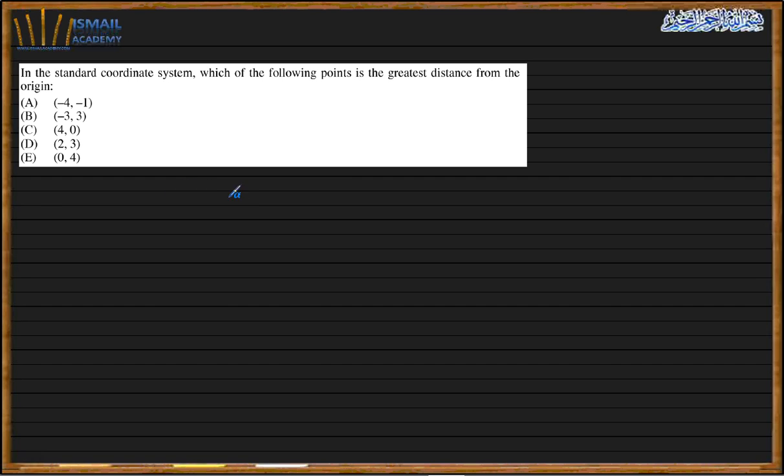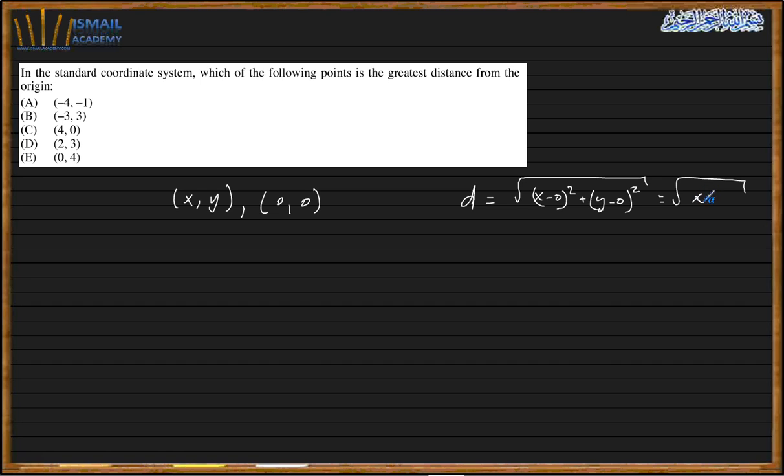If I have (x, y) and (0, 0), the distance is the square root of (x minus 0) squared plus (y minus 0) squared, which is the square root of x squared plus y squared. So I just need to square the coordinates and add them together.